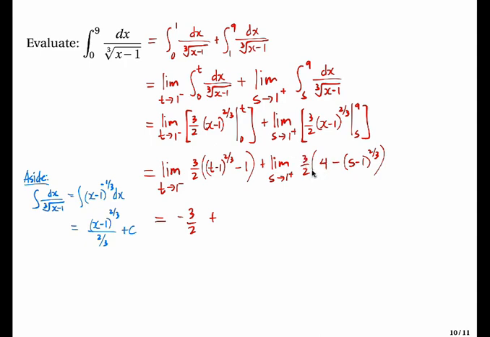So 3 halves of 4, that's just 6, or 12 halves. And therefore, simplifying this, we will have 9 halves. So this is our final answer, and we say that this improper integral here is convergent.